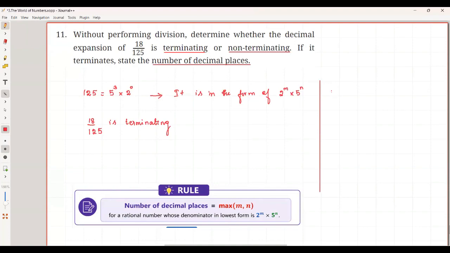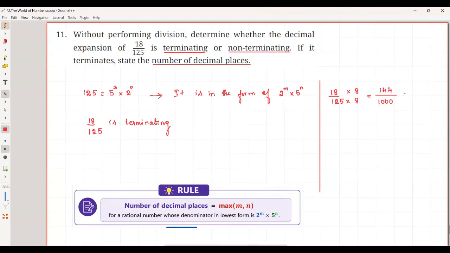So 18 by 125. I can just make the denominator 1000. If I multiply 125 into 8, the denominator will become 1000. Now if I multiply 18 into 8, what will I get? 18 into 8 is 144.